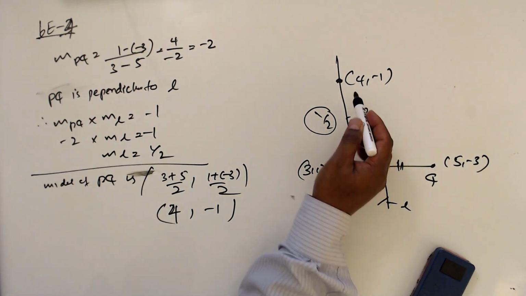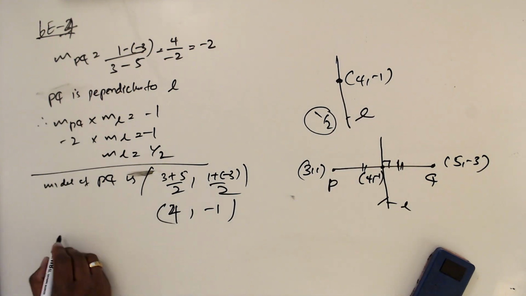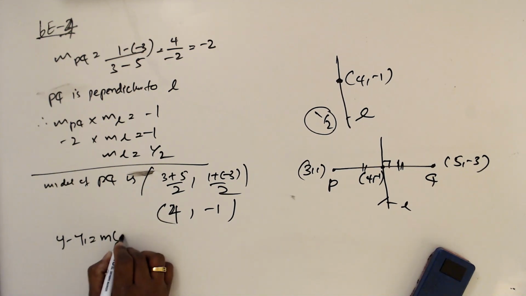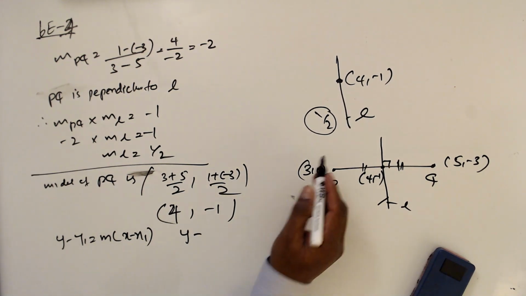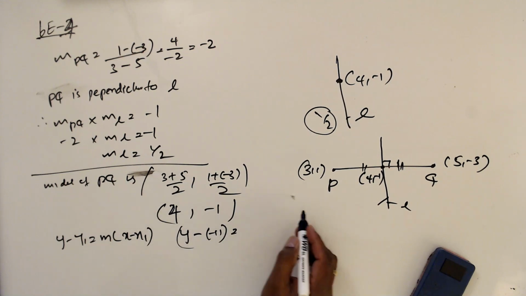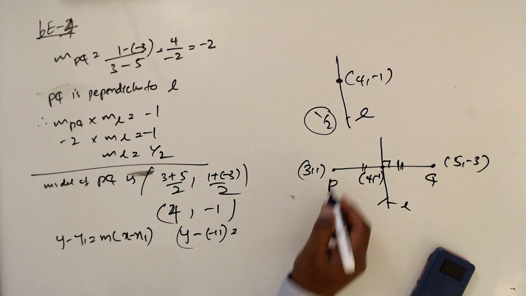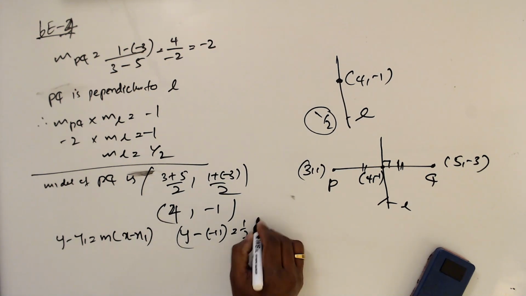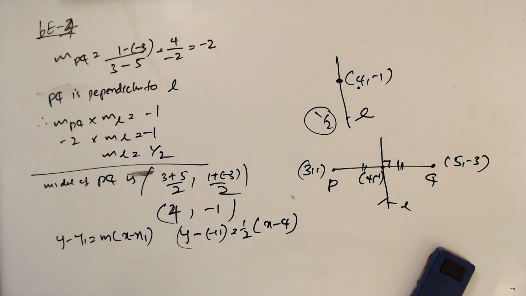Now I have the gradient and the point, so I can write y - y1 = m(x - x1). y1 is -1 and m is half, times x minus 4.